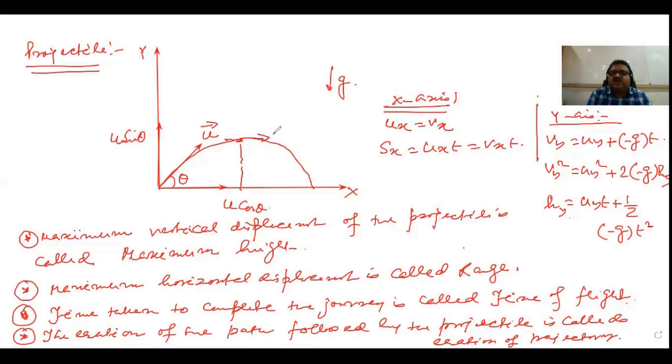The horizontal component, correct? You can say it ux or vx, whatever you like. But the vertical component of velocity at the highest point is 0. Clear? Always remember one thing. Why is this horizontal component not 0? If the horizontal component and vertical component both became 0 at this point, instead of following this path, the projectile would straight away fall to the ground. Clear? So remember, these are the important things, correct?